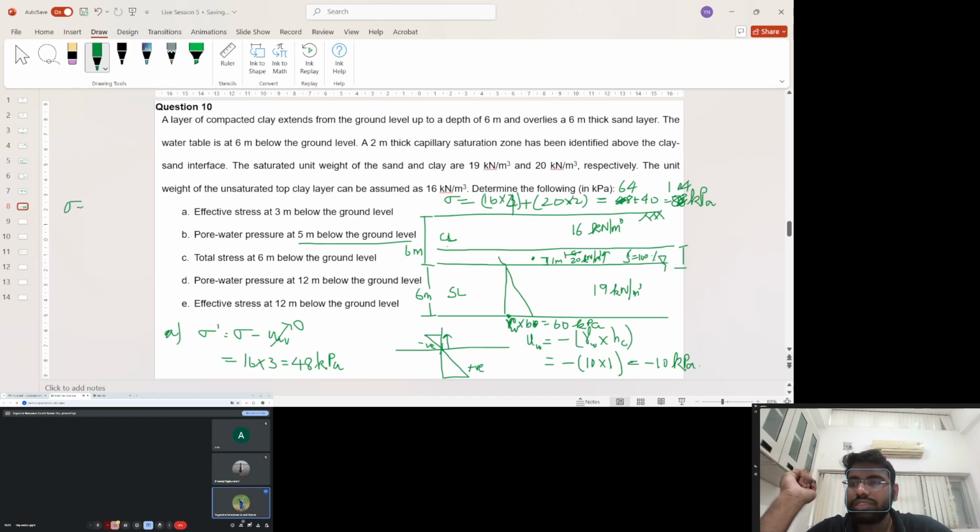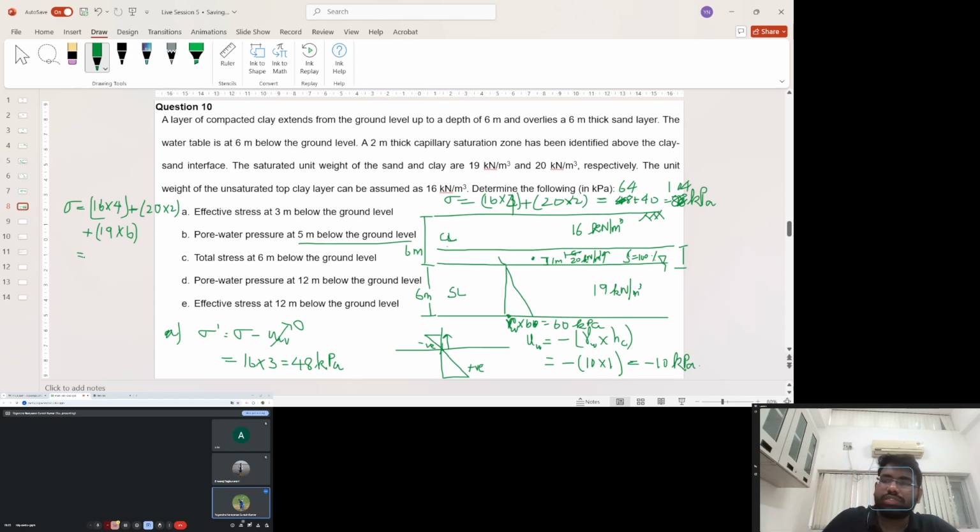Now the total stress is equal to 16 into 4 plus 20 into 2. The first 6 meters is covered, plus for the remaining sand layer the saturated unit weight is 19 into 6.